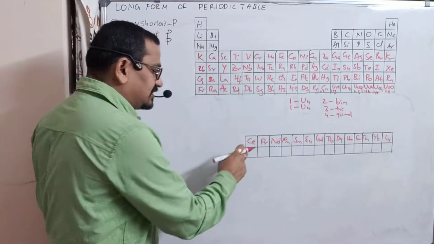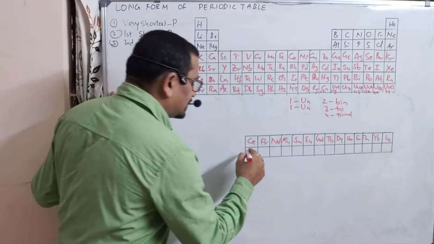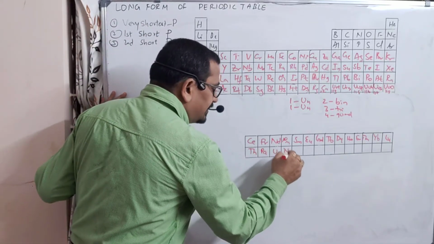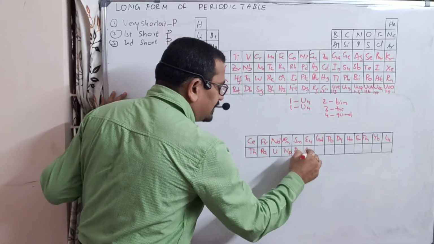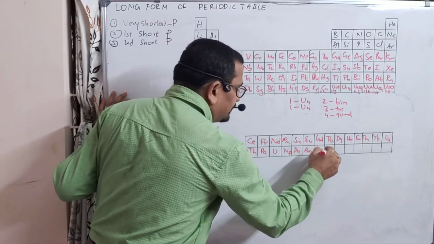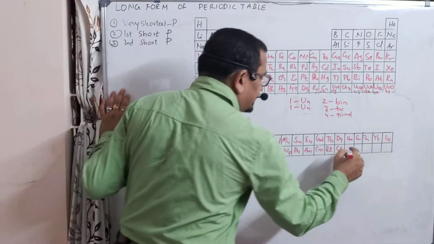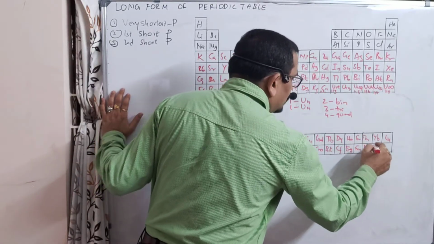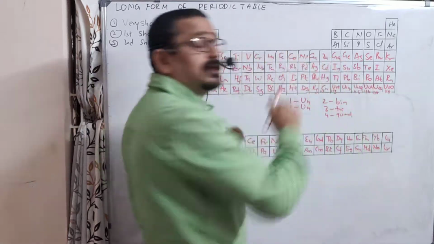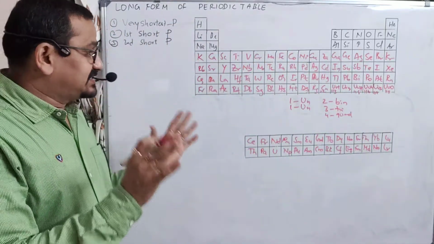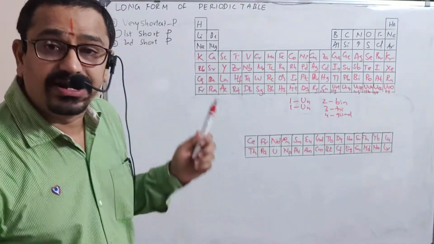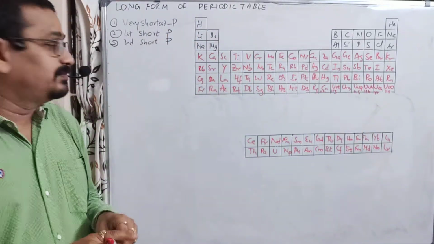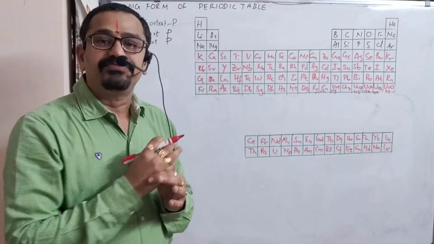Similarly, the 5F series or inner transition elements are thorium, protactinium, uranium, neptunium, plutonium, americium, curium, berkelium, californium, einsteinium, fermium, mendelevium, nobelium and lawrencium. Like this, you should be in a position to write all these elements at a stretch.